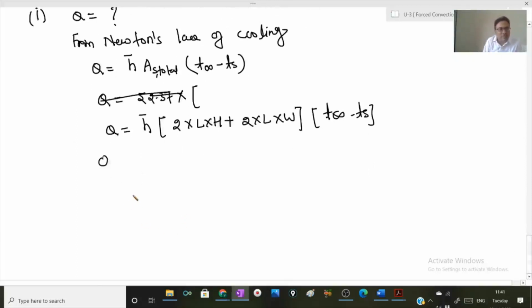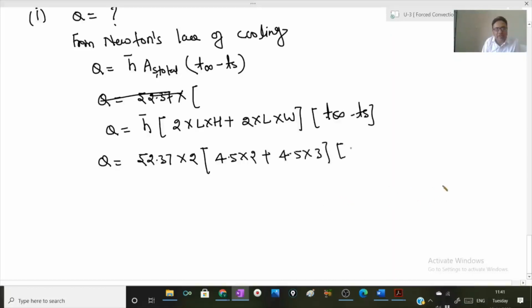Now put all the values. 52.37. I will take twice common. L is 4.5 into 2 plus 4.5 into 3. T infinity is 70. Ts is 10.